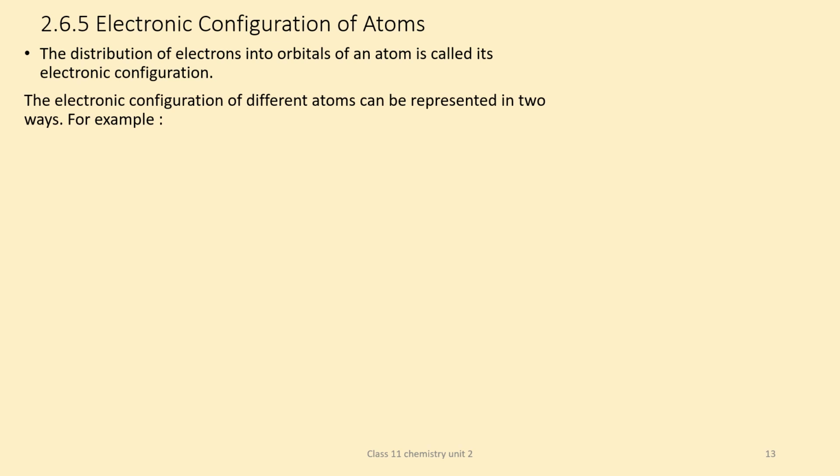The electronic configuration of different atoms can be represented in two different ways: notation form and orbital diagrams.